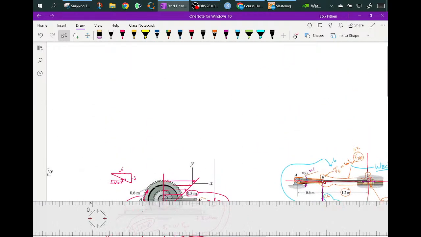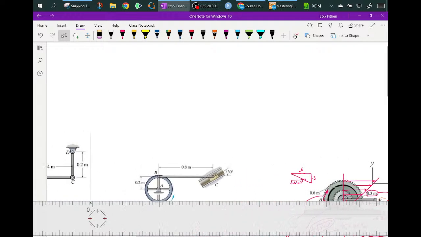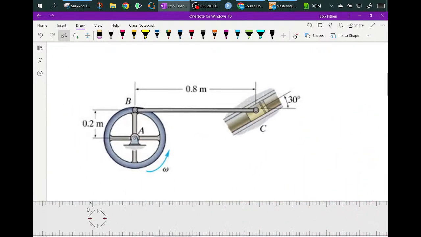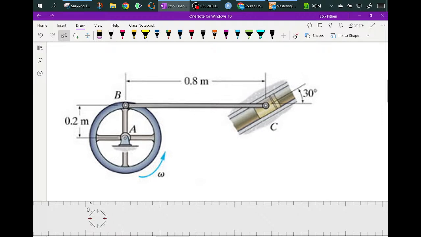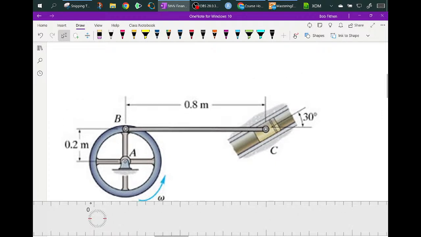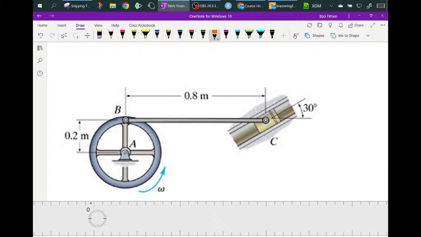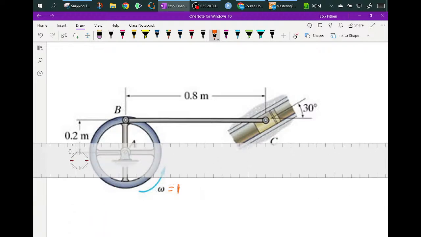So there are multiple cases there. Let's take a look at this one now. I know this is spinning this way with a number here. Let's just make a number equal to 1. I'm sure I'm using 1 a lot, but that's okay.